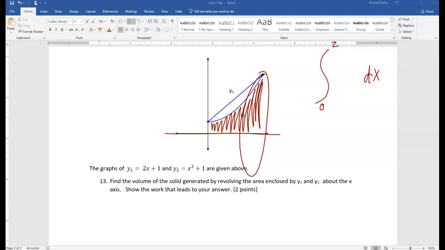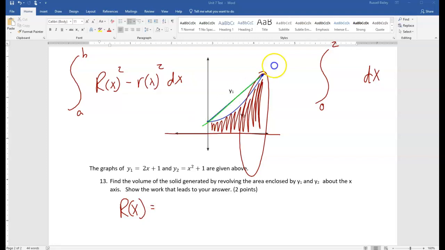And so when you have that gap, that's the one that looks like this, where you have your big radius minus your little radius, like that. So we need to find our big radius and our little radius. So let's do that. My big radius is the distance from the function that's farthest away from my axis.